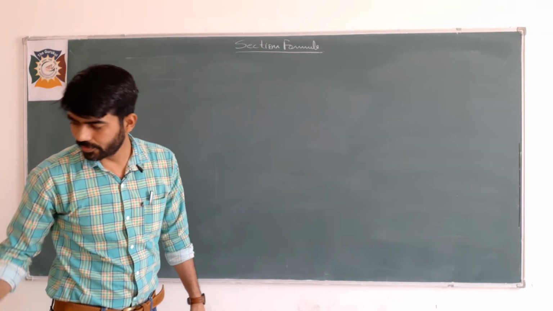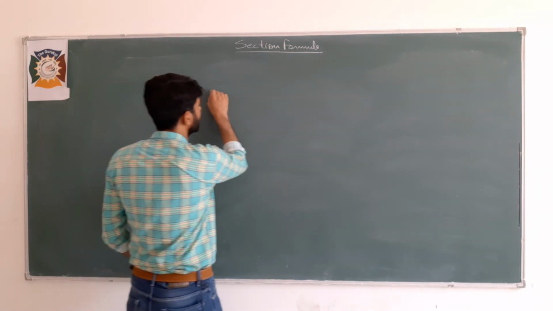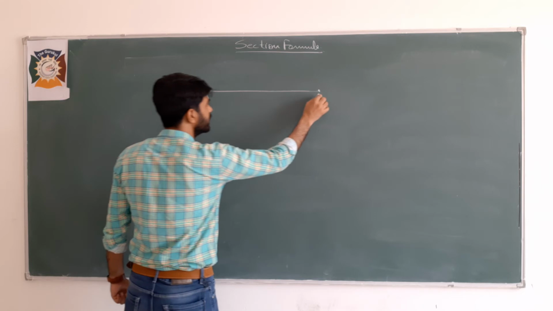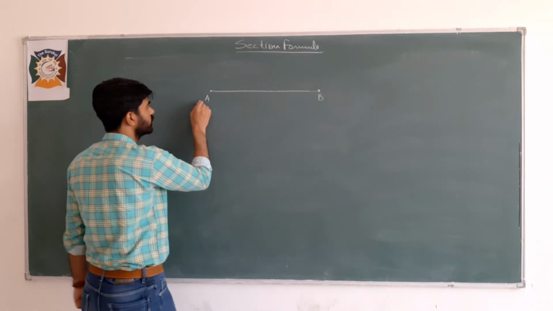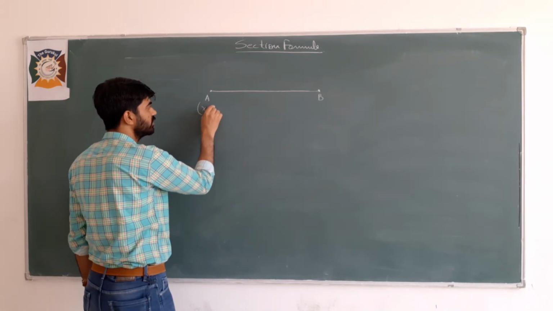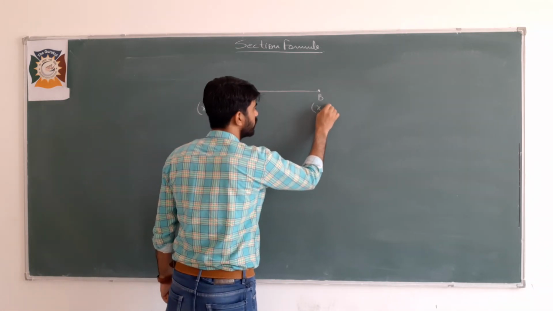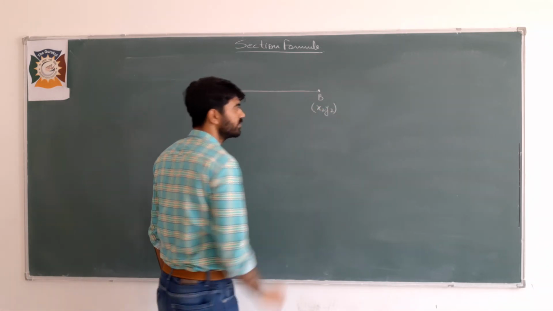Now what is this formula? Suppose a line joining 2 points A and B, and the coordinates of A are x1, y1 and B are x2, y2, okay.